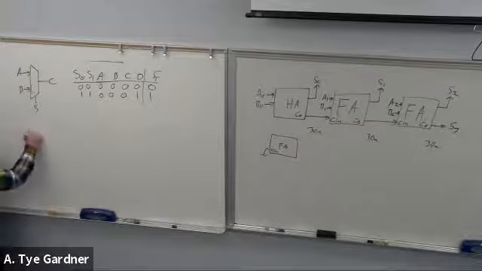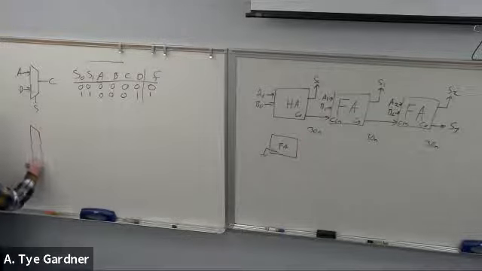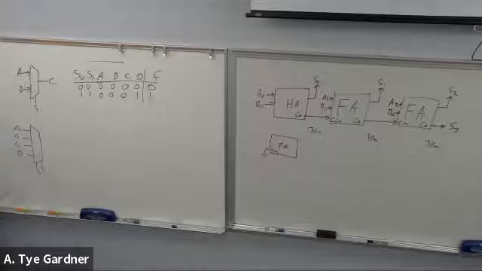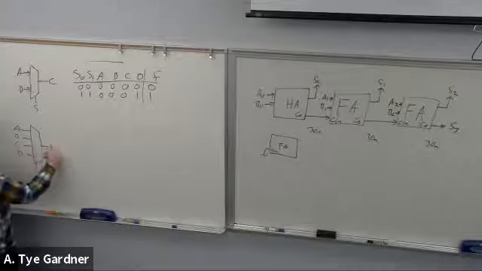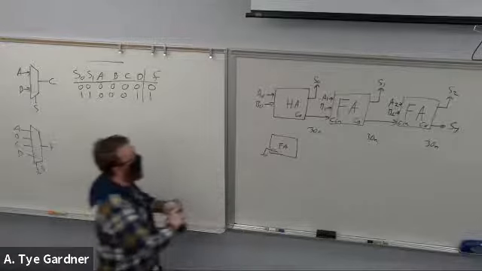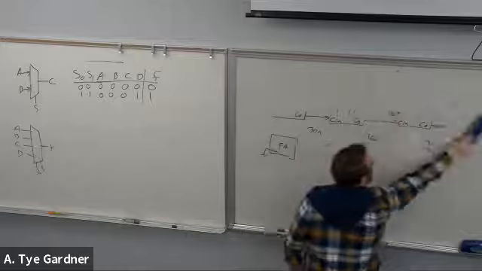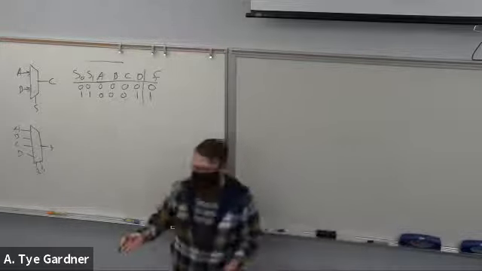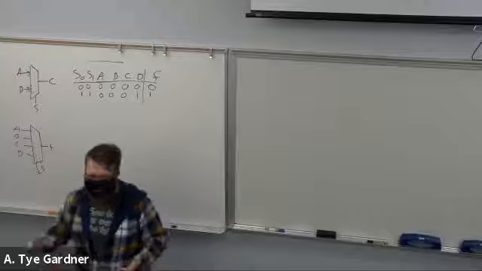The way this looks, if I draw it out, is A, B, C, D, S0, S1, and F. That's how I would draw this. But we can do this smarter. Just like that full adder, where I wanted a 3-bit adder, I just used multiple instances of the full adder.